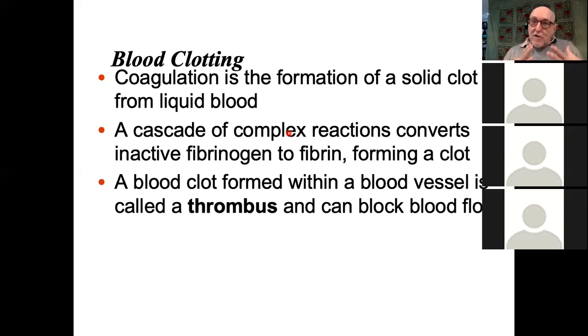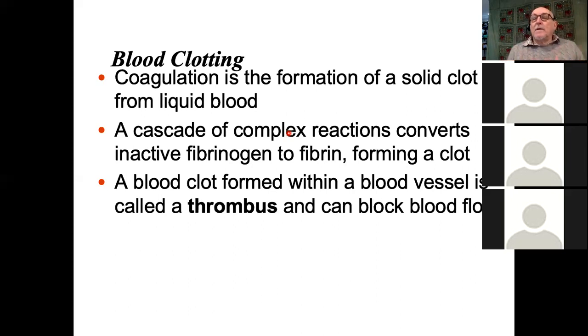But it's also important in the body that blood clots do not simply form spontaneously. That does happen. And when it happens, very often it's extremely dangerous because it can end up plugging up blood vessels which have not necessarily been damaged, and it can end up plugging up essential blood vessels.